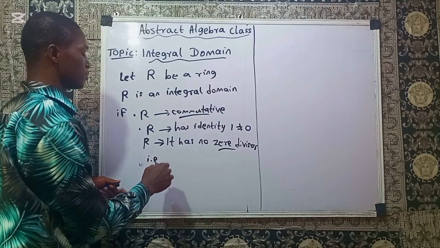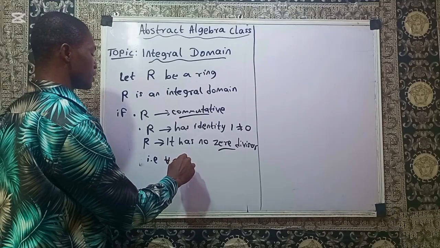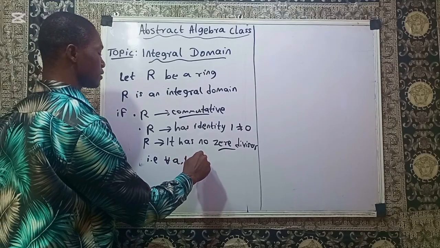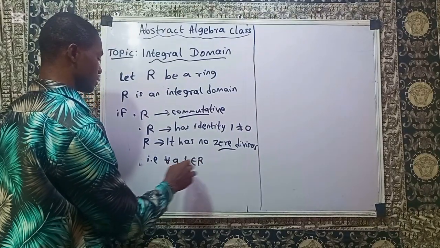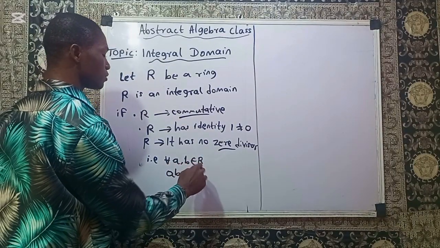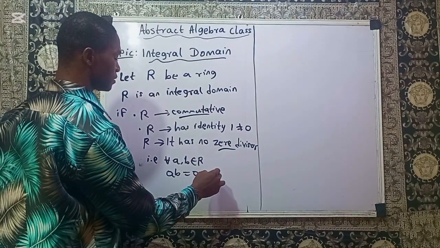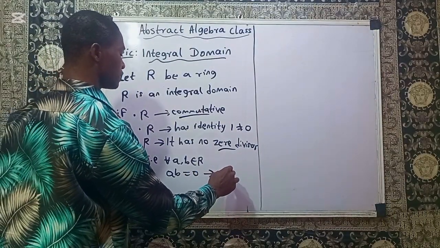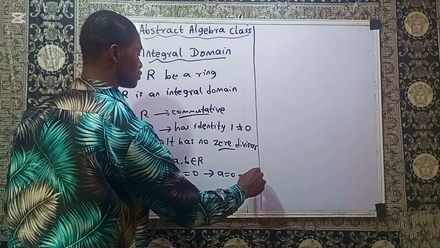That is, for all A, B in our ring R, AB equal to 0 must imply that A equal to 0 or B equal to 0.